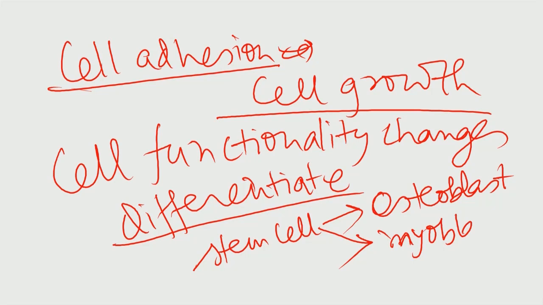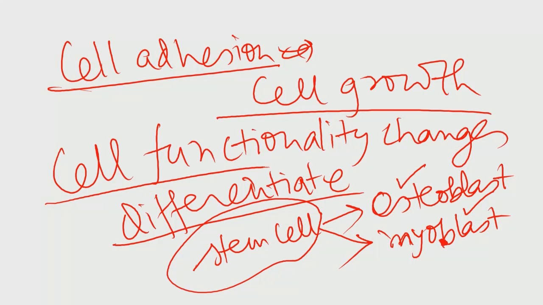So, all this cell differentiation process is possible from the stem cells. Cell differentiation means specific genes related to the osteoblast, or specific genes related to the myoblast, are to be upregulated or overexpressed compared to some housekeeping genes.